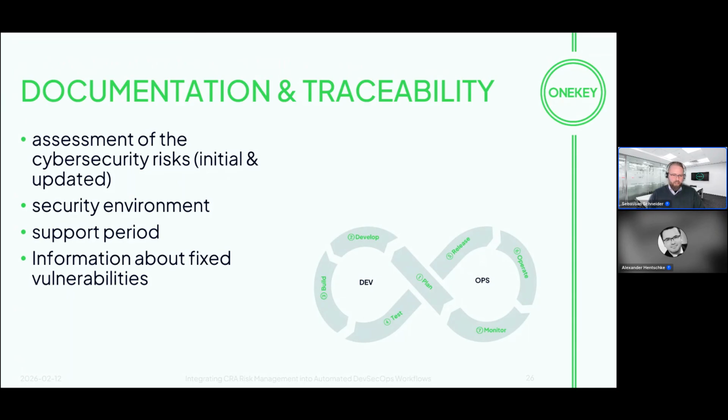But in a timely manner, you should also include the information about what vulnerabilities are fixed by the update, so that everyone can make an informed decision if they want to install this update, or if they can tolerate the risk and wait with an update until they have a suitable maintenance window.